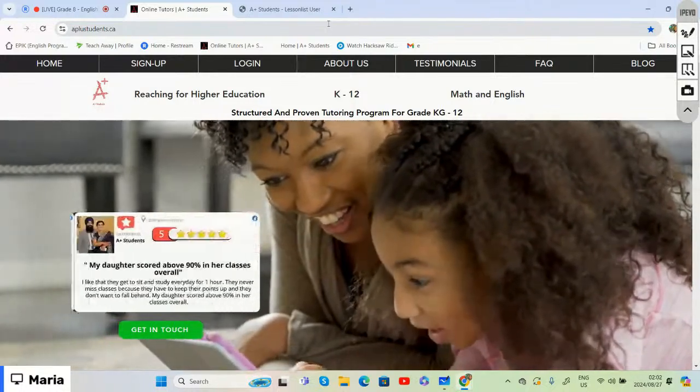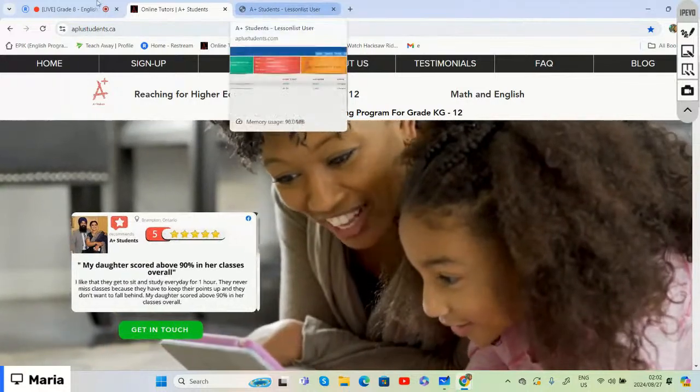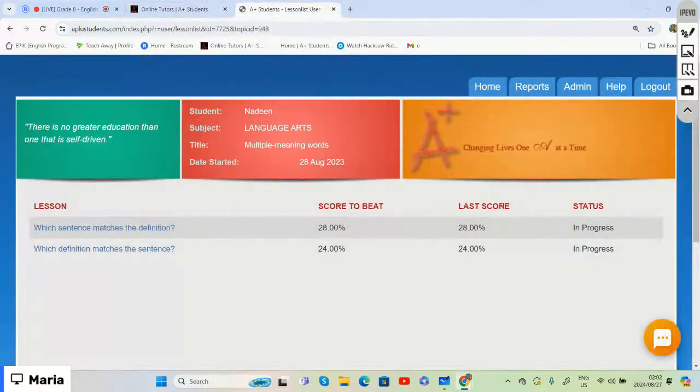And then we're going to scroll down until we get to our chapter of multiple meaning words.